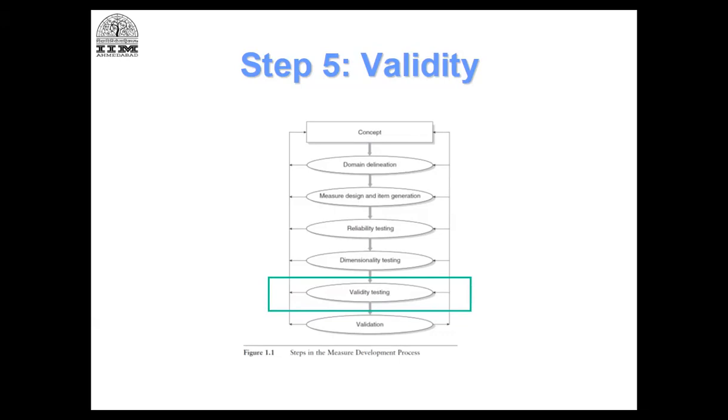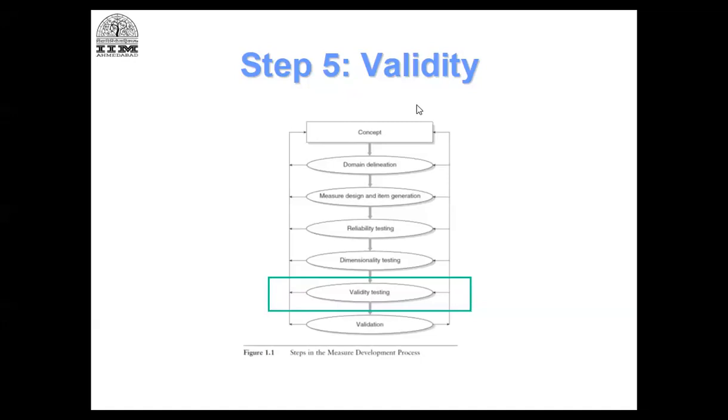If you are not developing your own measures, that means you are not constructing a new scale. You are picking up a scale published in a paper, a prior paper. You only do confirmatory factor analysis. You collect data and you do confirmatory factor analysis where you actually test the factor structure.